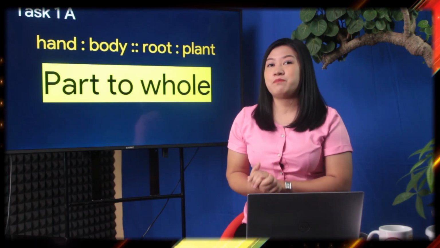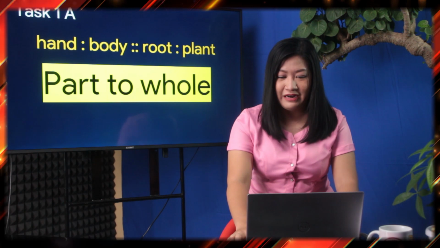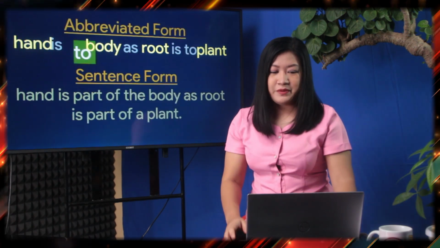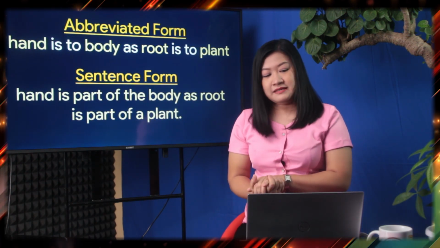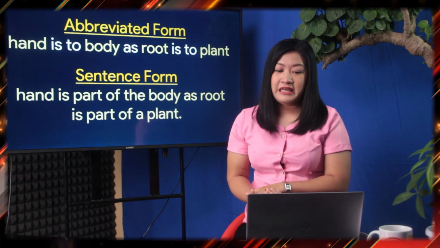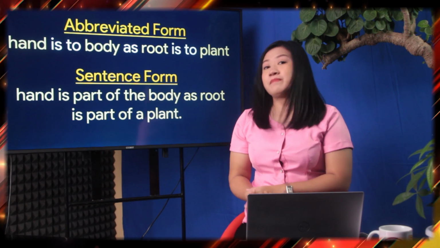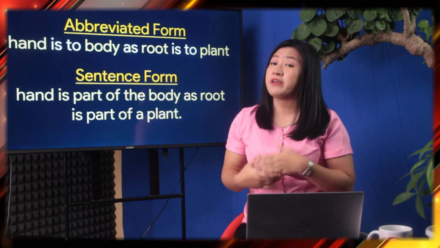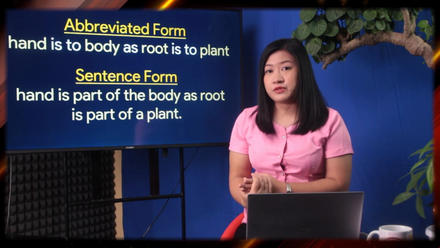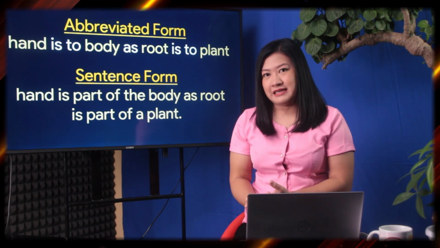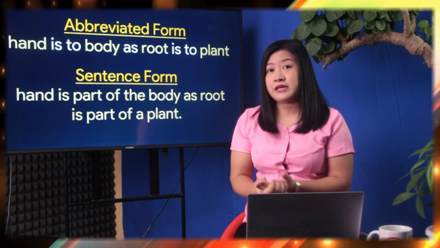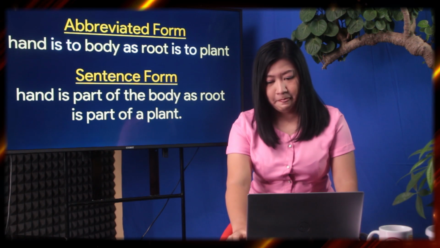If your answer is part-to-whole, you are correct. We are going to read this analogy as hand is to body as root is to plant. Or in a sentence form, hand is part of a body as root is part of a plant, which makes it a part-to-whole relationship.